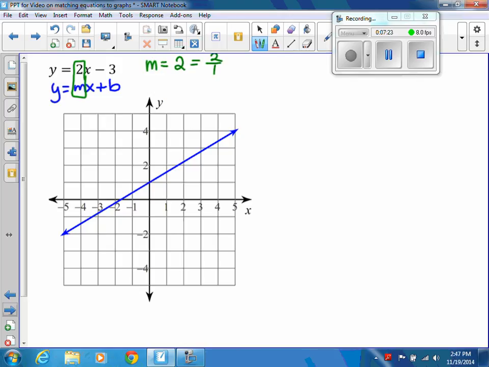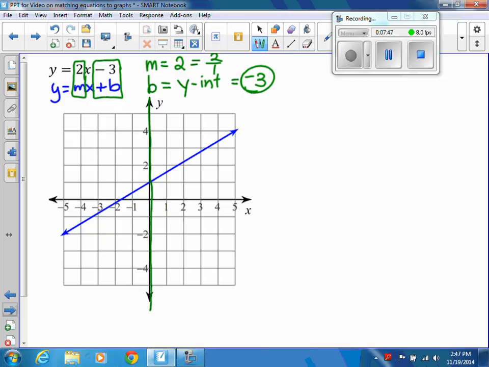But then we have our b. Our b is actually equal to negative 3. So our b is where our y-intercept is, and the y-intercept is equal to negative 3. That means on this y-axis right here, my blue line that I graphed has to cross over at negative 3.